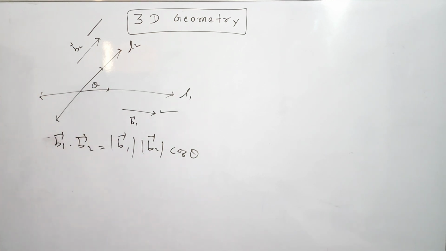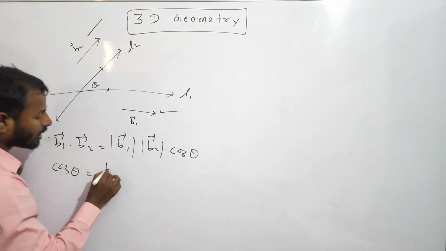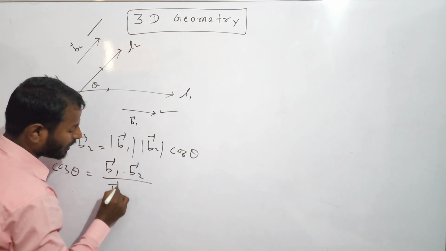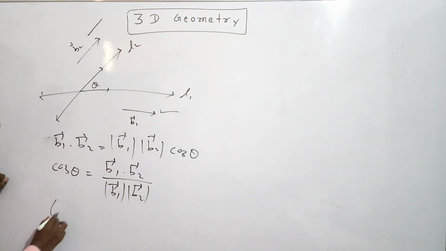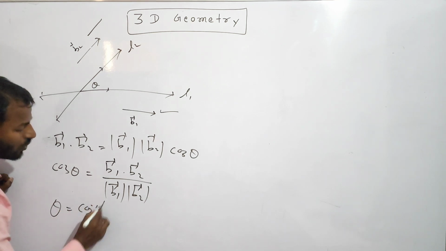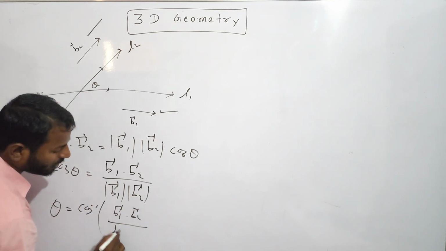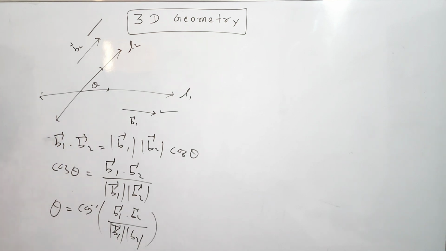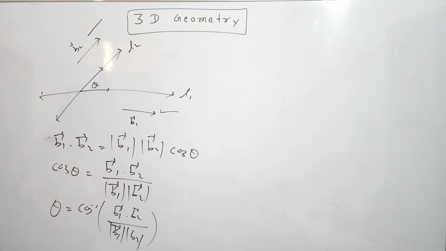So cos theta is equal to b1 dot b2 divided by |b1||b2|, or theta is equal to cos inverse of b1 dot b2 divided by |b1||b2|. In this way we can find the angle between these two lines.